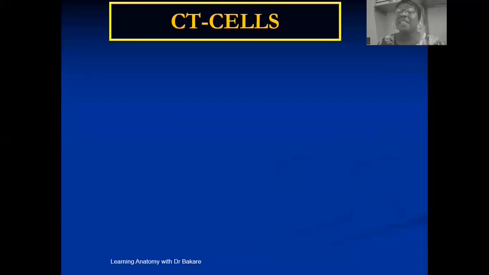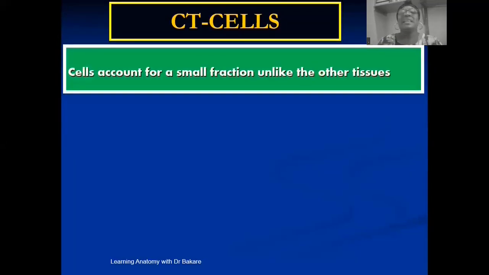The cells of the connective tissue, it is good for us to note, account for a small fraction of the connective tissue when you compare them with other types of tissue. For the other tissues, such as the epithelium, the nerve tissue, and also the muscle tissue, the cells form the bulk of the tissue. While in connective tissue, the cells contribute a small fraction, while we also have other structures embedded within this space.